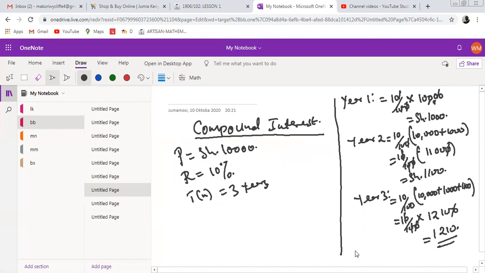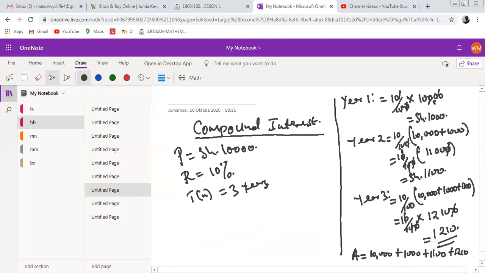After 3 years, the total amount will be equal to 10,000 plus 1,000 for year 1 interest, plus 1,100 for year 2, plus 1,210, which we actually found to be 13,310.